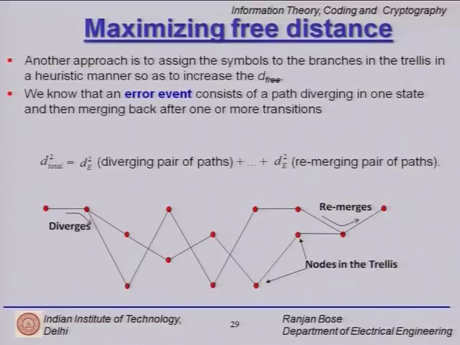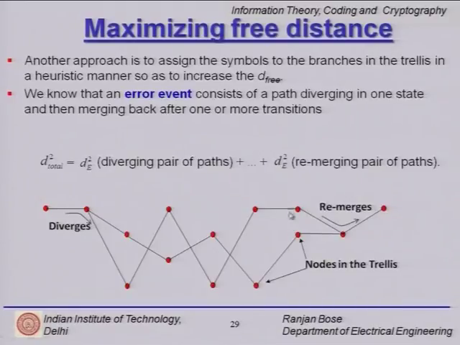So, let us look at what is an error event. Well, we have seen an error event when 2 paths diverge, keep away from each other and then merge back in the trellis after some time. These red dots are the nodes in the trellis. So, we have just shown 2 paths which diverge and merge back. This constitutes an error event.